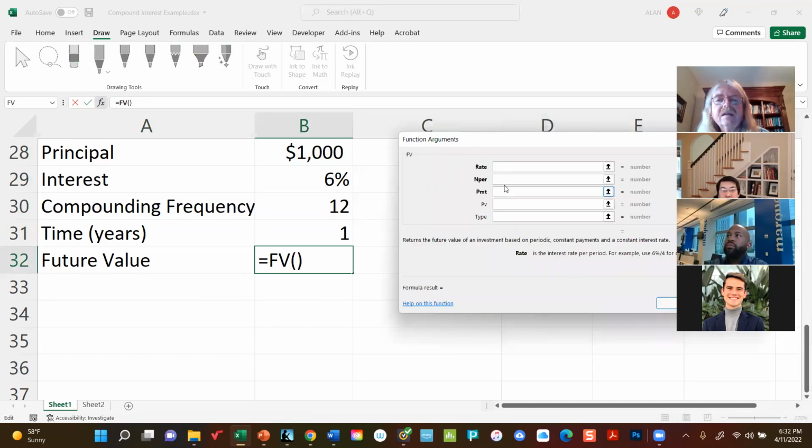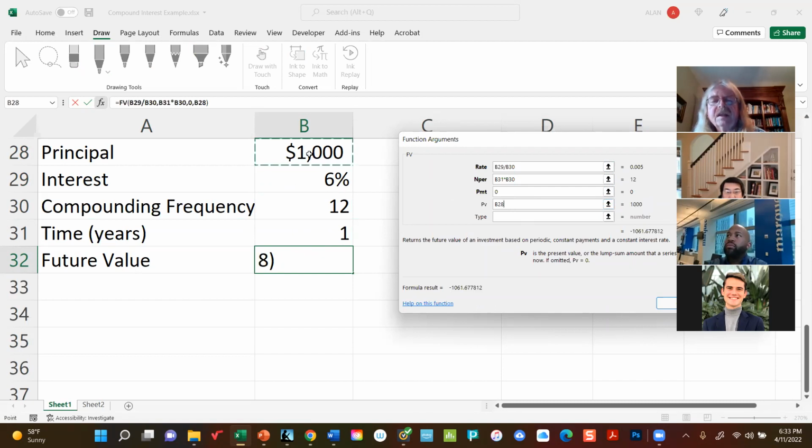So future value needs to know the rate, which is the monthly rate, because this is monthly compounding. So I have to divide this by 12. The number of periods, on the other hand, is 12 months, not 1 year. There's no payment, since that would imply a repeated payment. Now, the amount of money that we're investing is right here. It's $1,000. That's your principal.